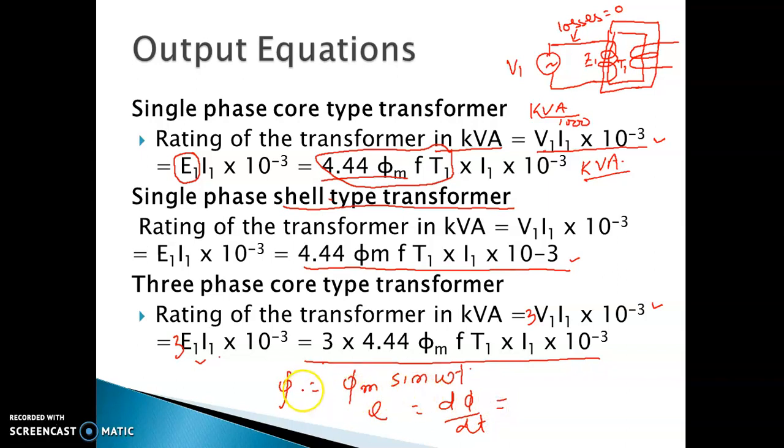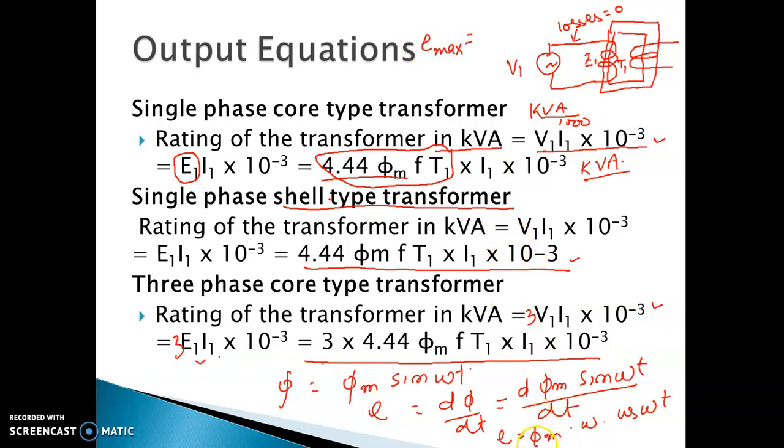You put the value of phi here, d of phi m sine omega t by dt. Phi m is the maximum value, you can take it out, and differentiate. Omega will come out, and cos omega t. Then E equals this much. So what is the maximum value of this induced EMF? I am writing E max.